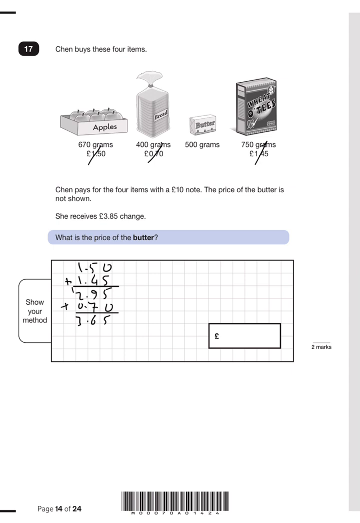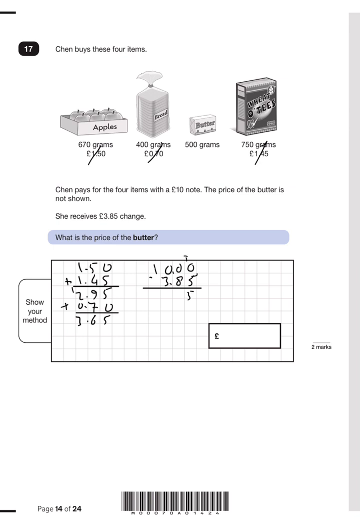And so £3.65 plus something for the butter would be what she paid. She did pay £10 and she received £3.85 change. So if you do that subtraction, put zeros here. 0 minus 5 we can't do. We'll do 10 minus 5, which is 5.